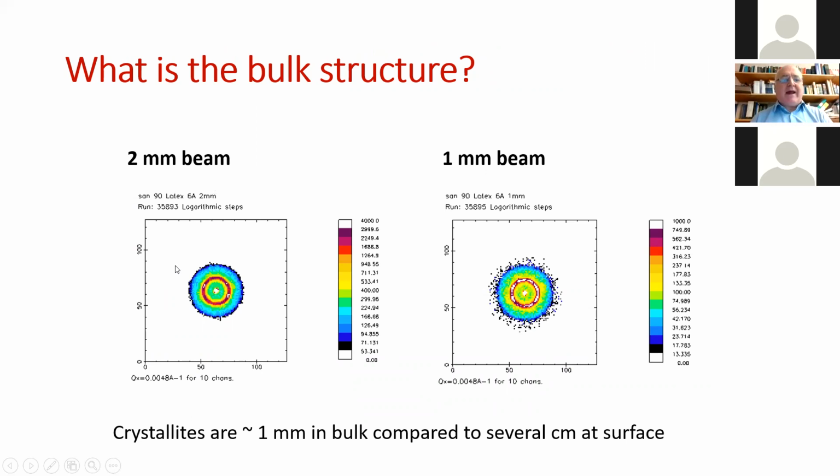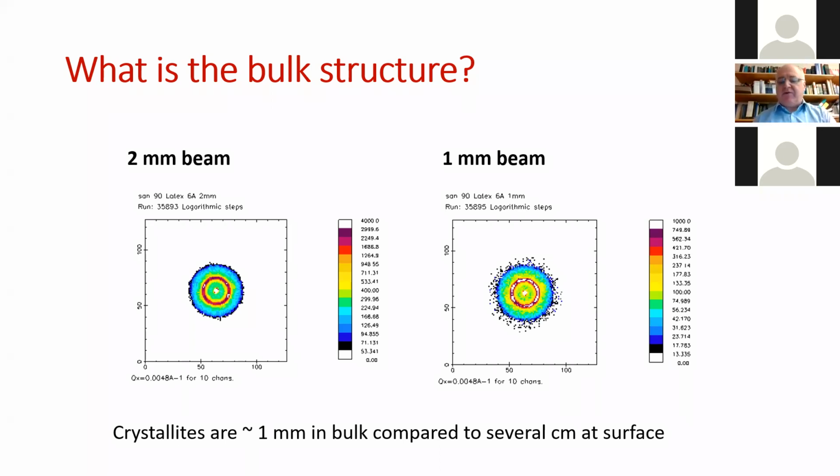We can see that when we're averaging over 2 millimeters thickness, we see almost a ring pattern with a little bit of texture. We start seeing a lot of texture when we get down to a 1 millimeter beam. So when you start looking at this, you can see that in the bulk of a sample, you will actually have smaller regions that are uniformly ordered. And when we look at the surface, we have large areas that are uniformly ordered.